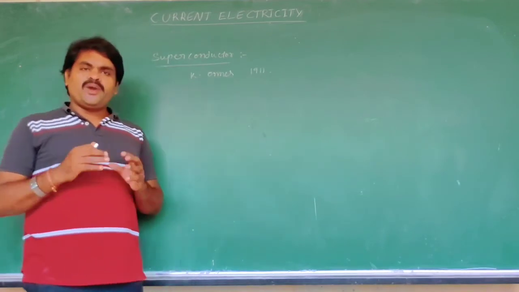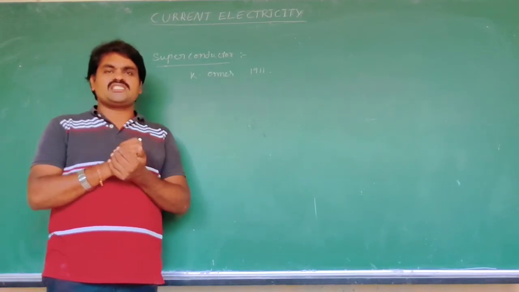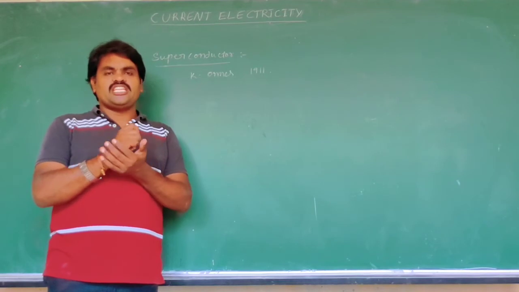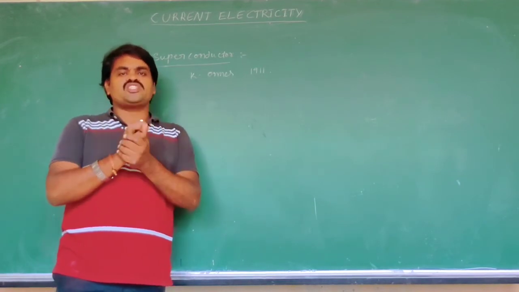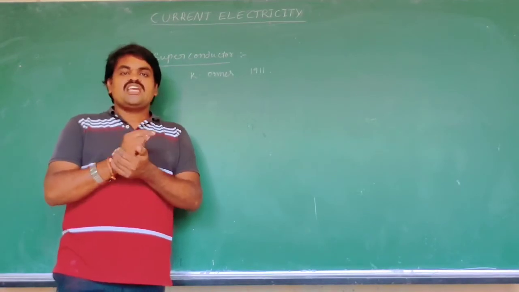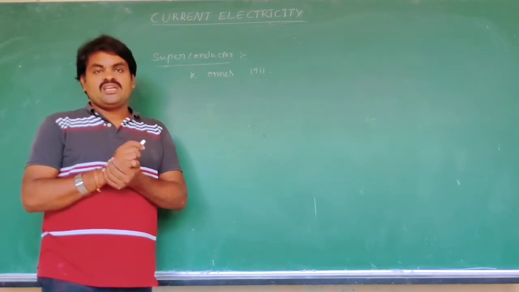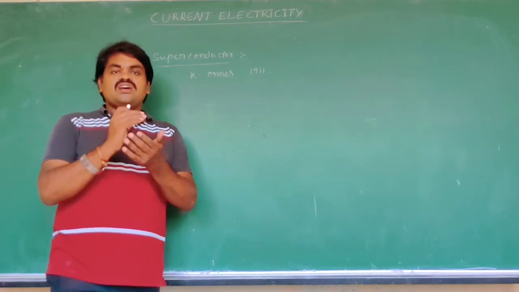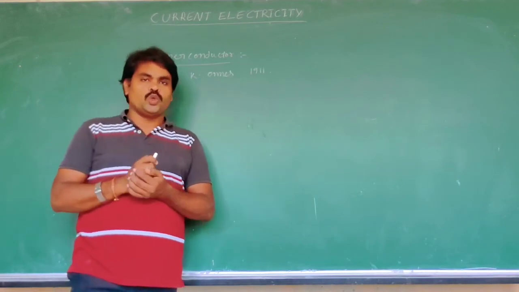As the temperature decreases, the resistance of the material decreases. But at a certain value of temperature, called the critical temperature, the resistance of the material disappears. That means the resistance becomes zero.